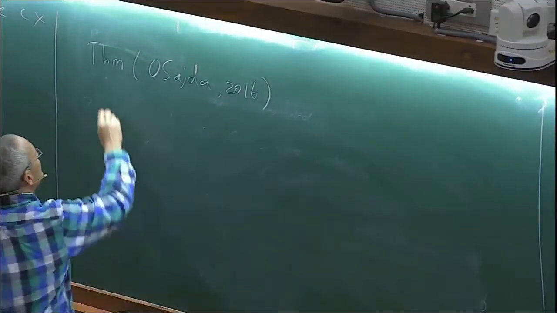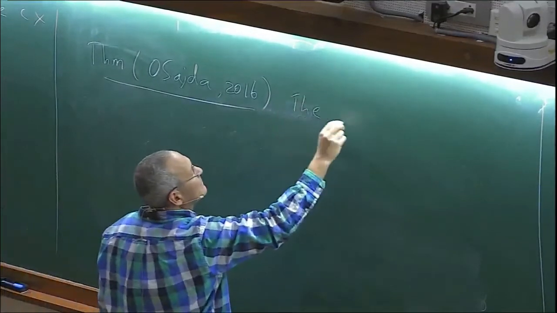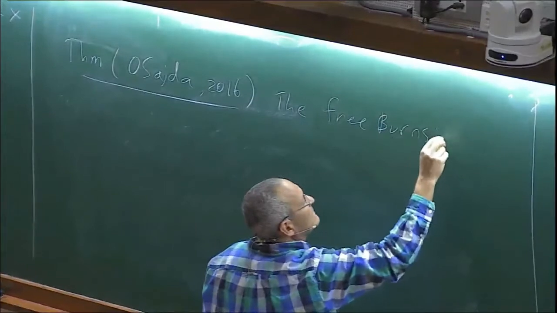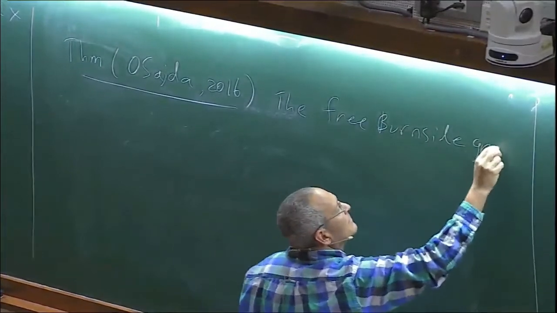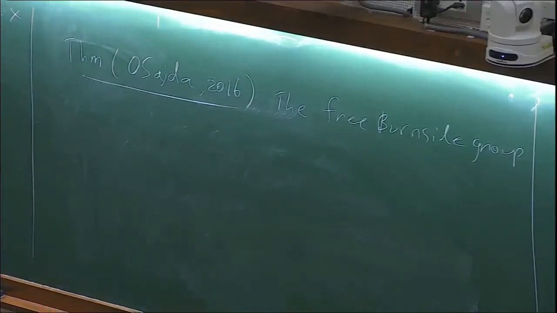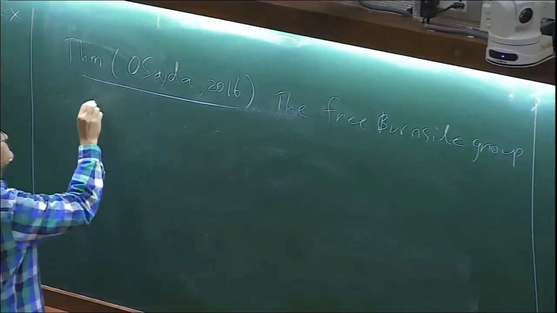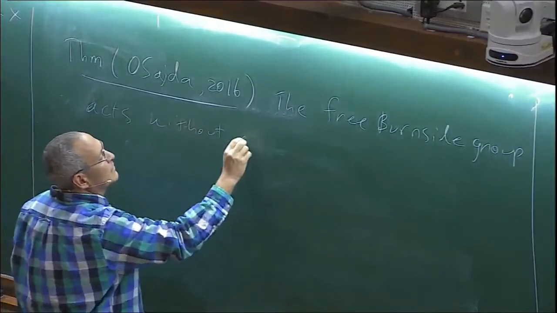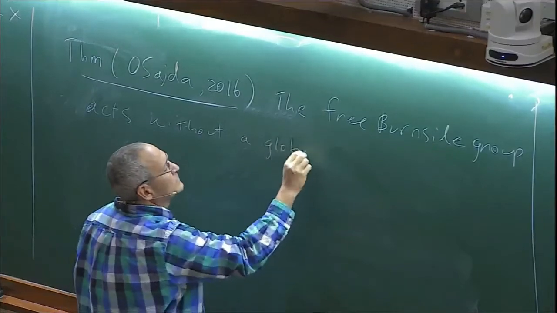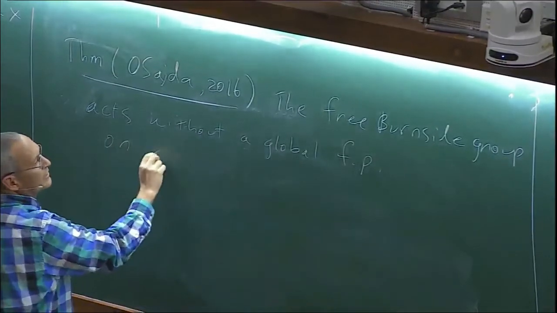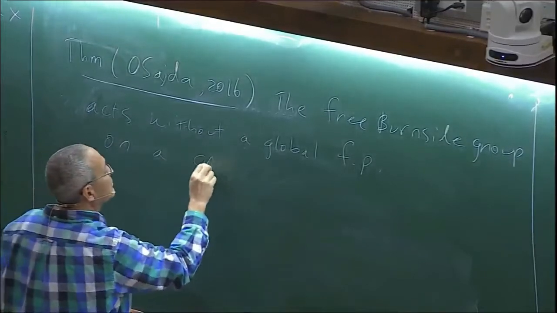The free Burnside group. So that's the group where you take R generators and you add all the relations that x to the n is equal to 1, acts without a global fixed point on a CAT(0) cube complex.